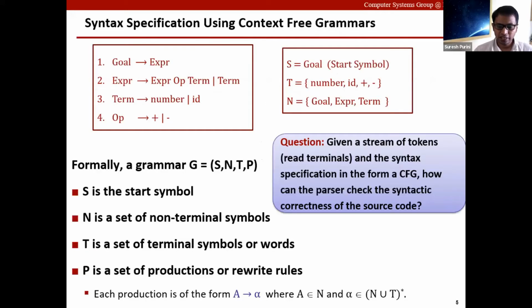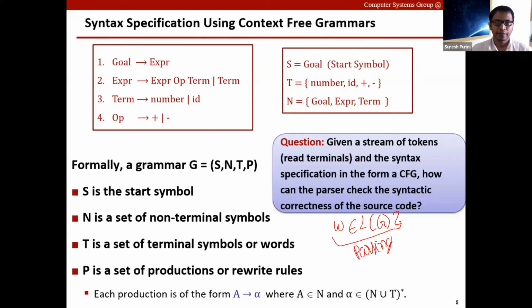Given a string W, we want to check if this string W belongs to the language described by the grammar or not. And this is what the theory of parsing is all about.